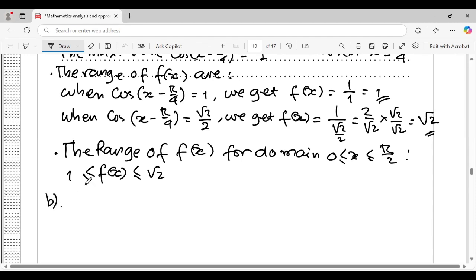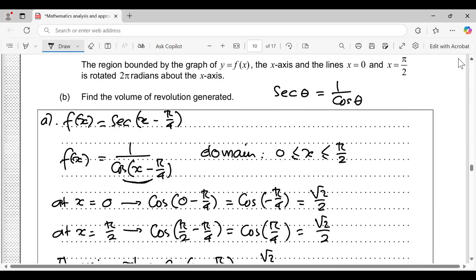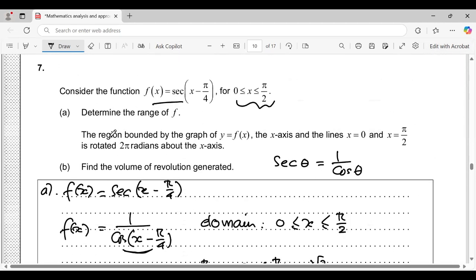Part B. Question. The region bounded by the graph of y equals f(x), the x-axis and the lines x equals 0 and x equals pi/2 is rotated 2 pi radians about the x-axis. Find the volume of revolution generated.